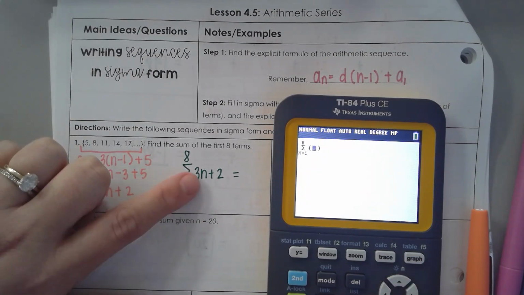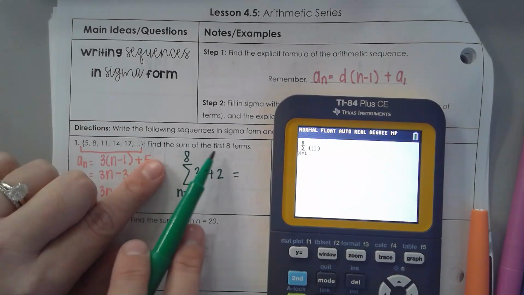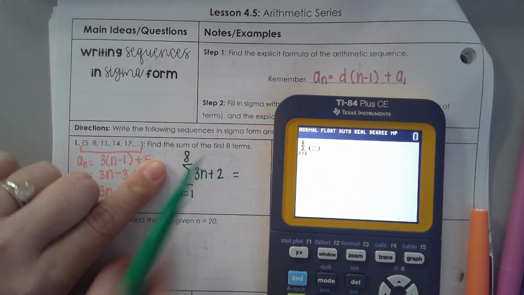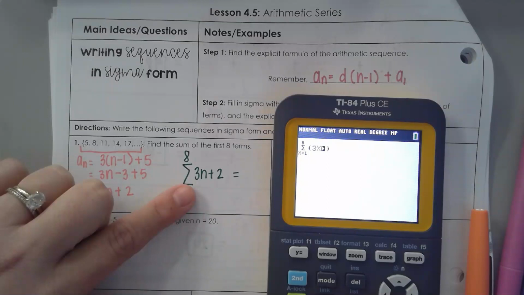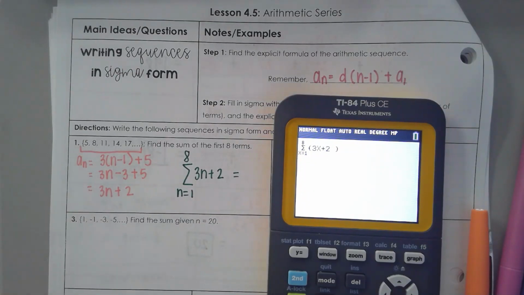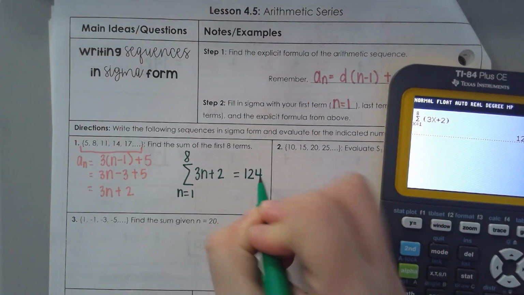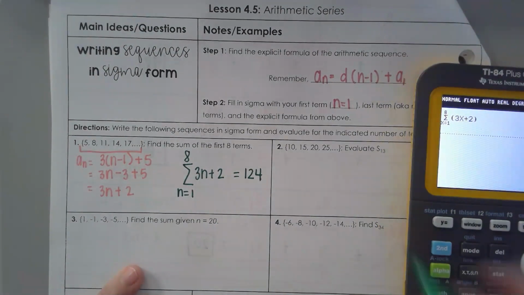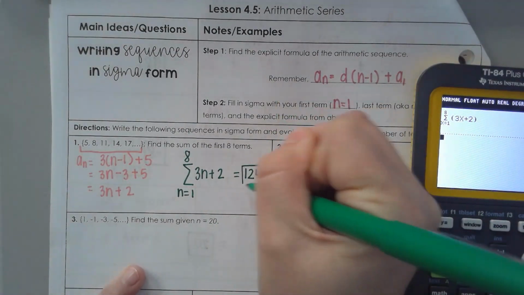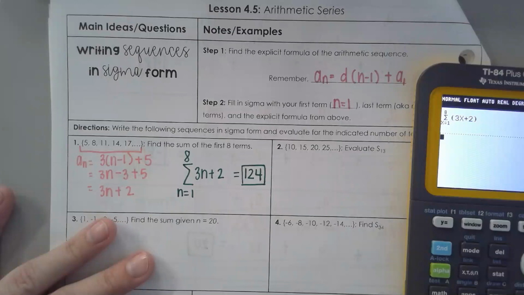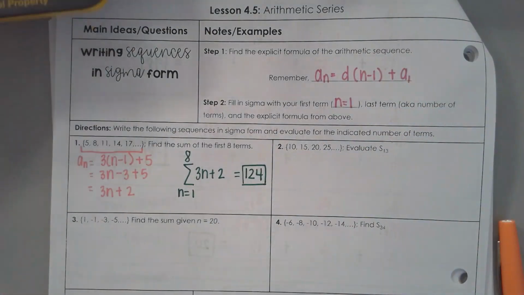Why did I use the 8? Because it told me here the sum of the first 8 terms. And we get 124. Are there any questions?